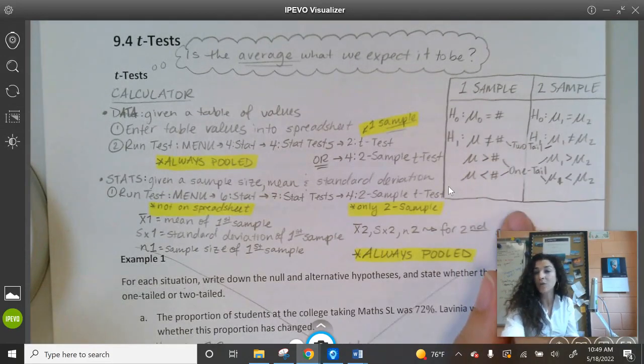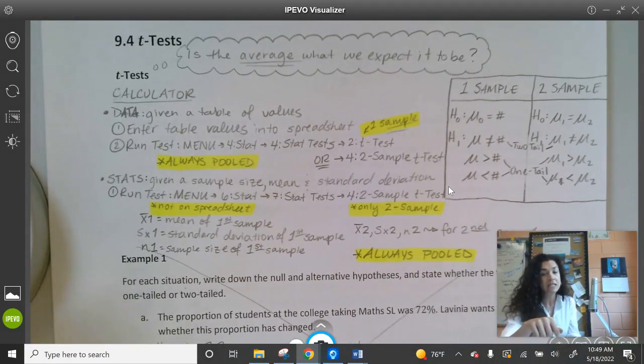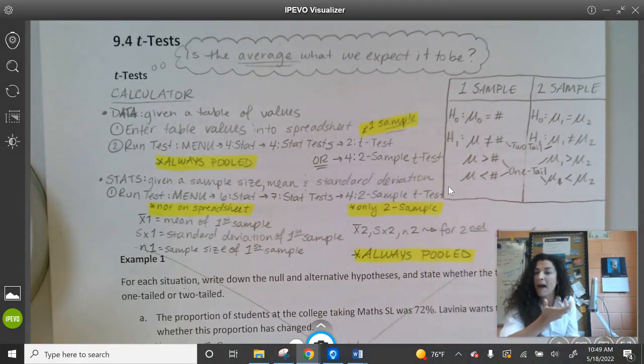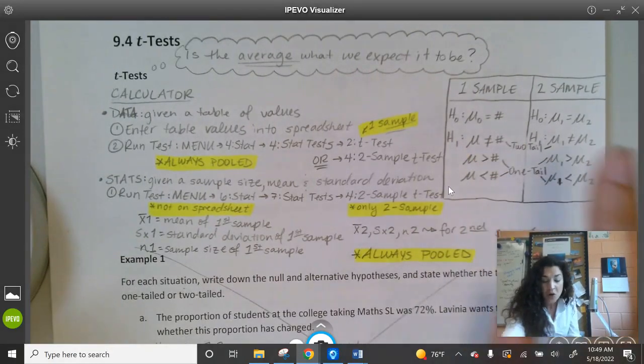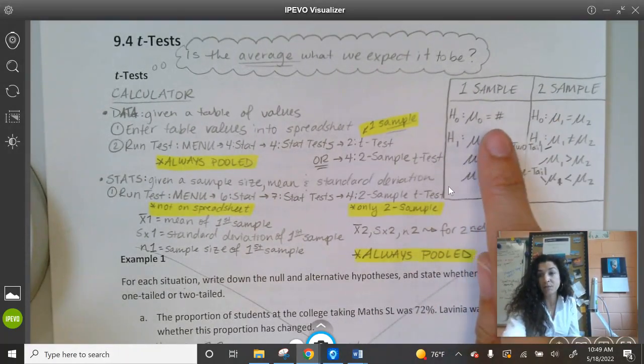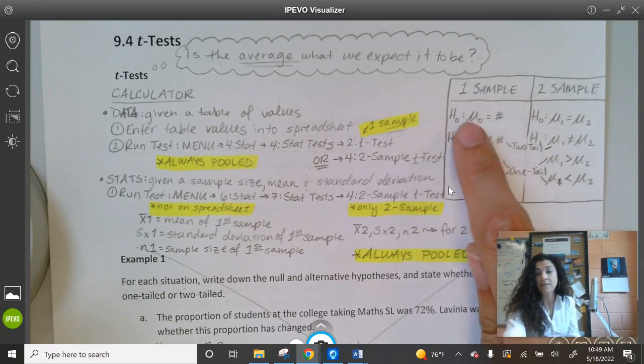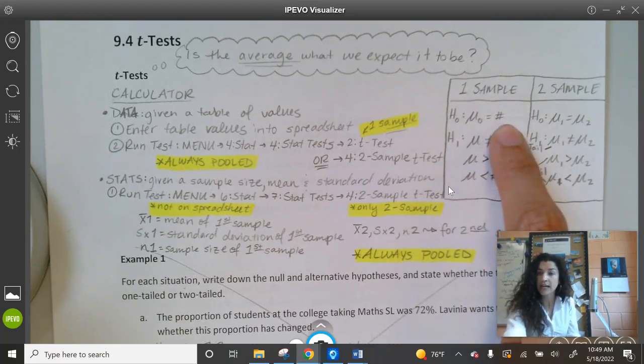Notice that how we write the null and alternative hypothesis is very different with a t-test than it is for a chi-squared test. Chi-squared test is very wordy. T-test is very symbolic, a lot of math. It looks more mathy. So you do actually write it like this, but you actually put the specific number that we expect it to be. So for one sample, it's that your sample is equal to that average.